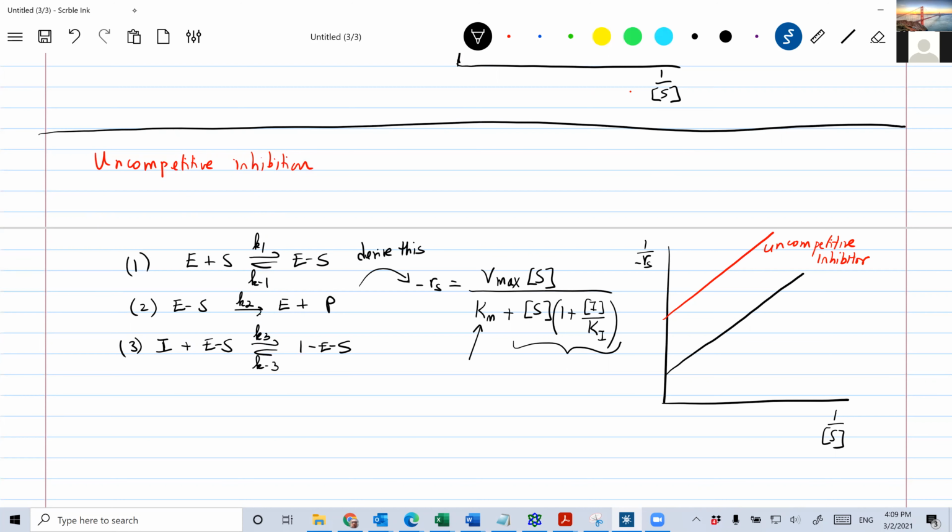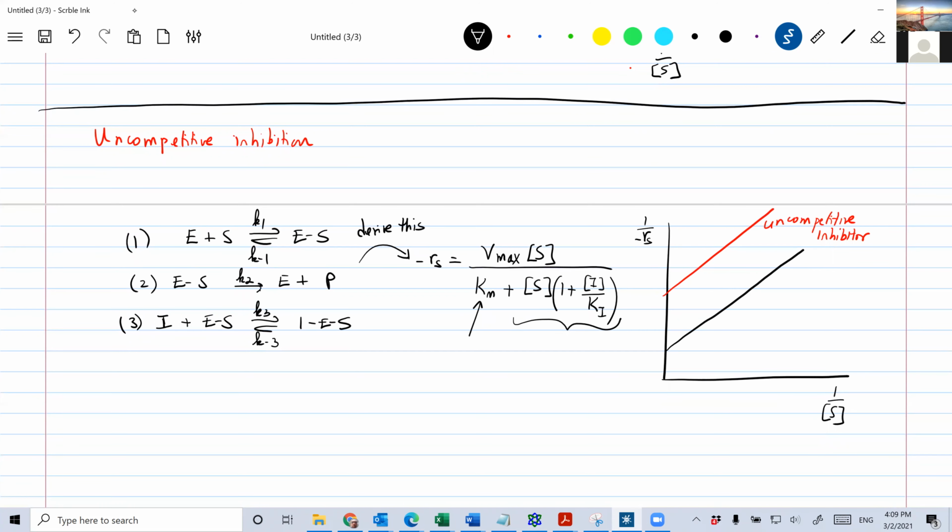Now, I would not be too concerned because I'm sure one could Google that and find the derivation. But the key here is the ability to understand why this happens and to relate the uncompetitive inhibitor to the way it plots, at least in your Lineweaver-Burk plot, by taking the inverse of both sides and seeing that the y-intercept is what's being changed and not the slope. The slope remains the same.